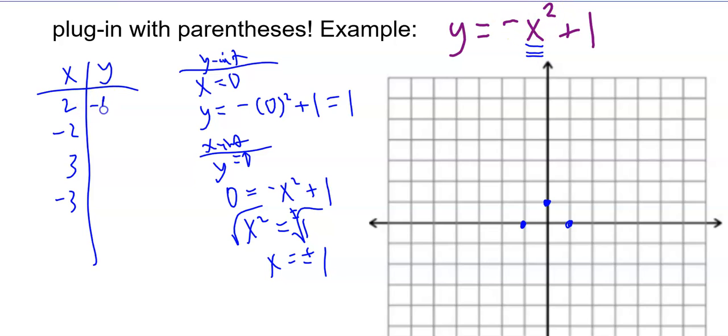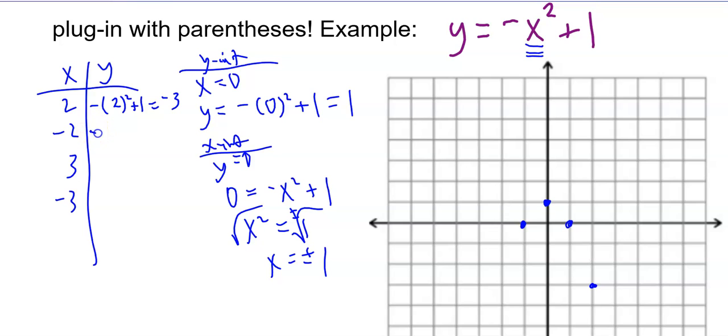So it's going to be negative 2 squared plus 1. Order of operations: 2 squared is 4, and it's negative 4, because the negative's on the outside. It doesn't get squared. So negative 4 plus 1 is negative 3. So there should be a point (2, negative 3) right there.